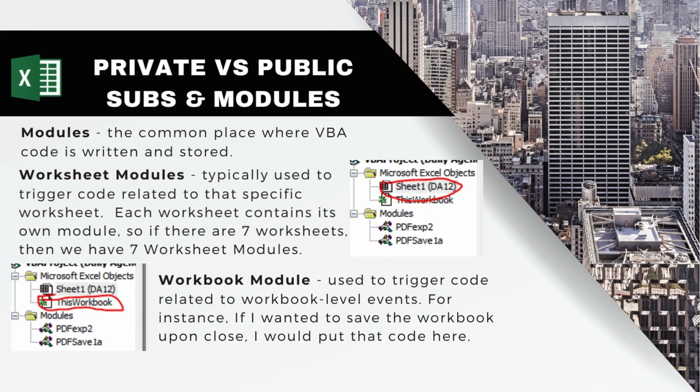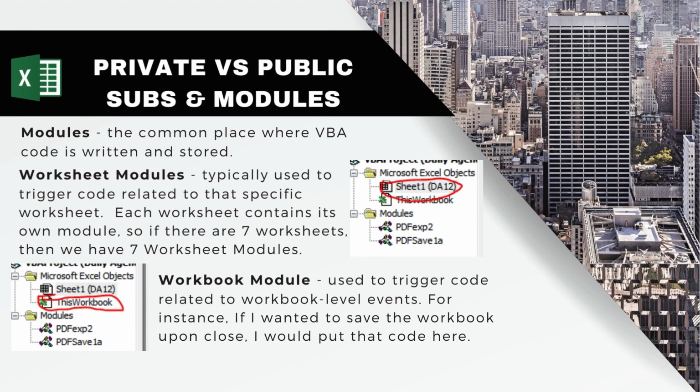All right. So first things first, modules. Modules are the common place where VBA code is written and stored. Then you have the worksheet modules, which are typically used to trigger code related to that specific worksheet. Each worksheet contains its own module. So if there were 7 worksheets, then we would have 7 worksheet modules.